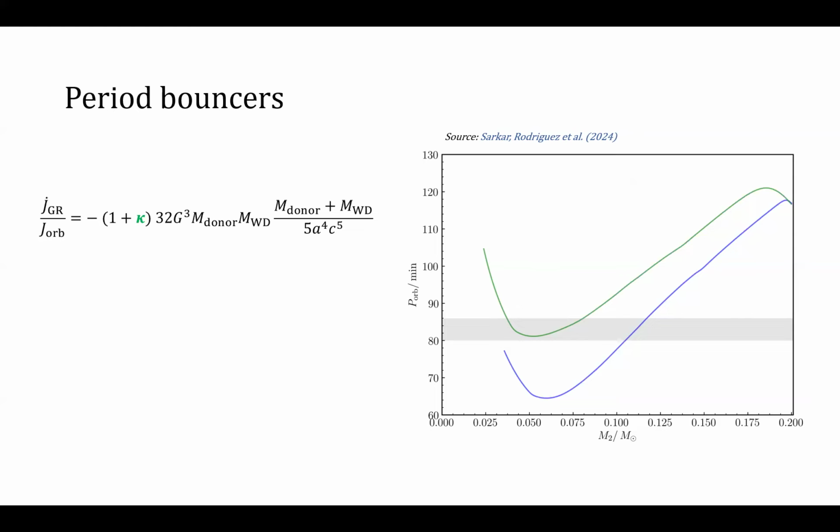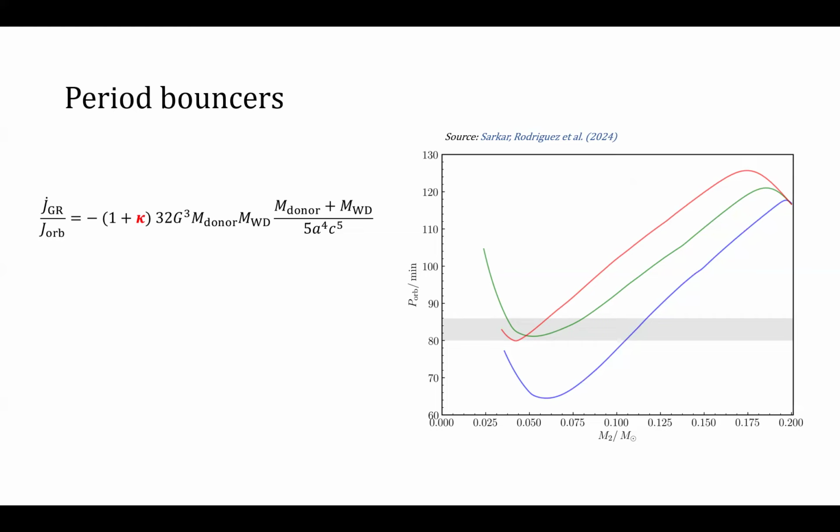To have the system bounce at the spike, you can just add a constant number. This constant is supposed to mimic how magnetic braking operates in addition to gravitational radiation. However, there is nothing that says kappa should be a constant. Just because it was used by someone who produced the bounce properly doesn't mean it works.